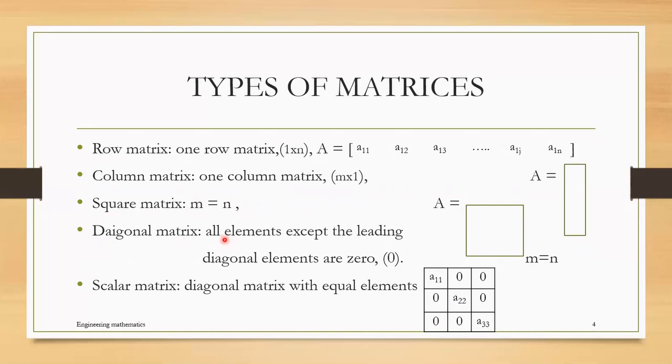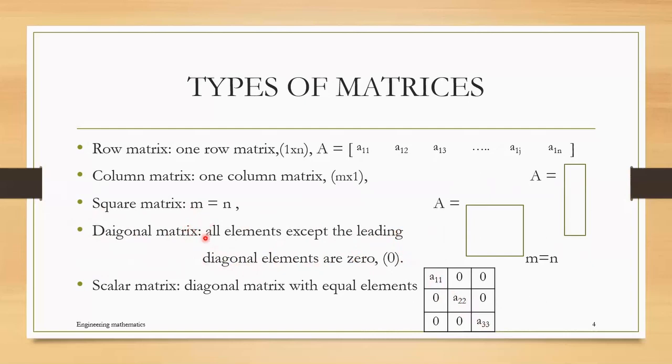In a diagonal matrix, all elements except the leading diagonal elements are zero. The important part is the leading diagonal, also called the principal diagonal elements. The leading diagonal elements are numbers, and everything else is zero. That we call the diagonal matrix.